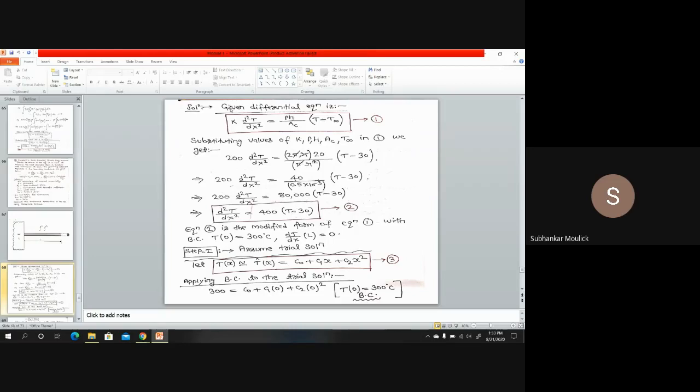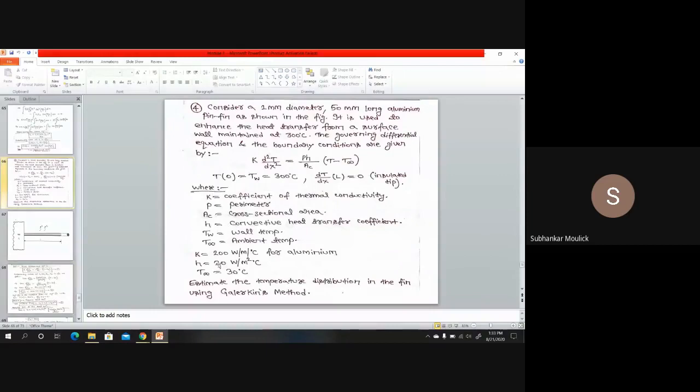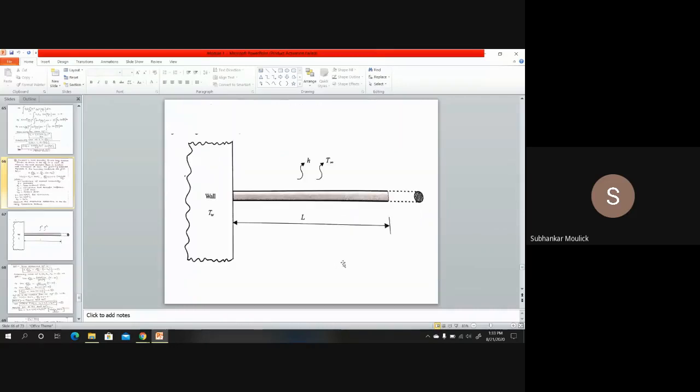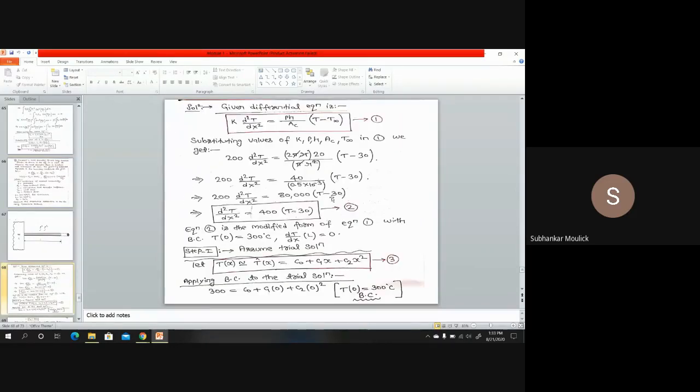Since all the values of K, h, Ac and P, as well as T infinity, are given in this problem, let us substitute these values in the original differential equation and find a modified differential equation.